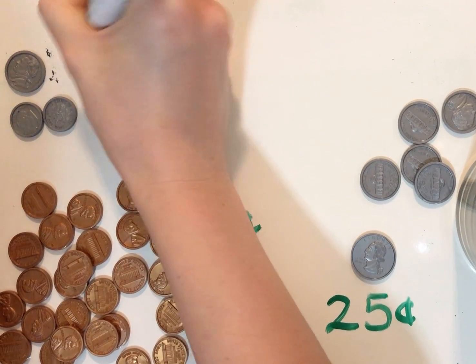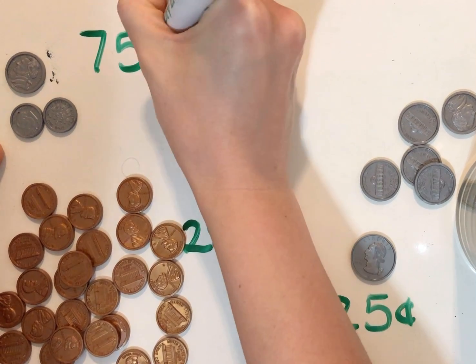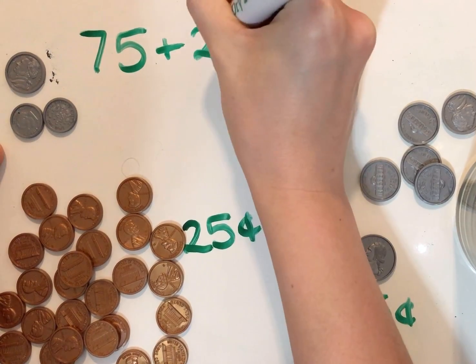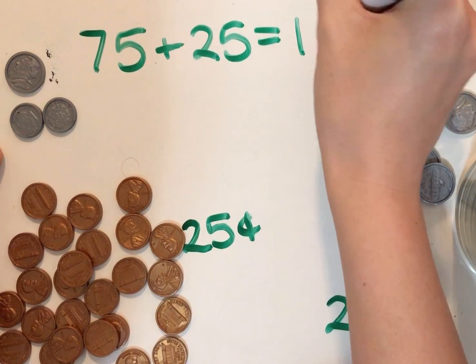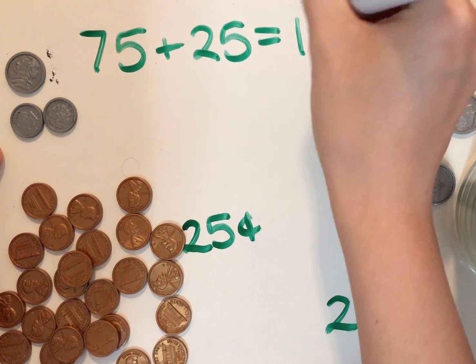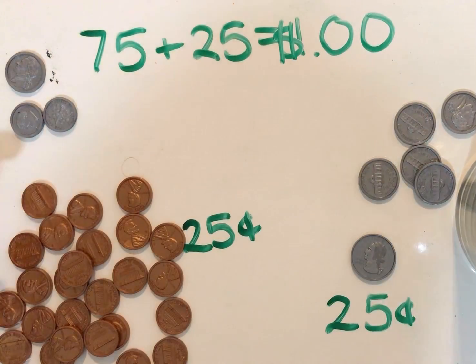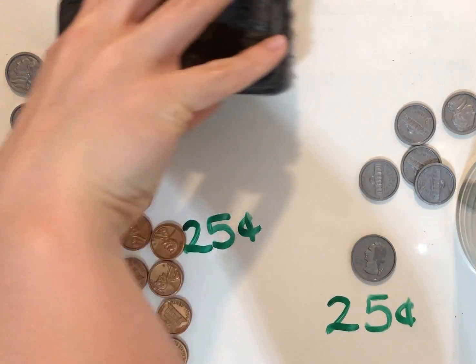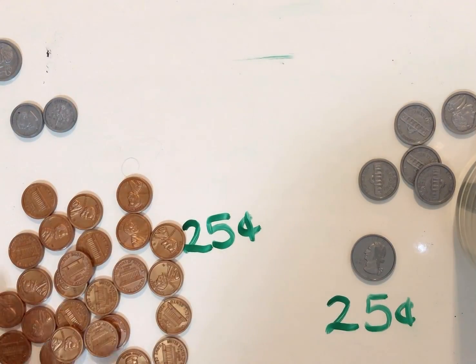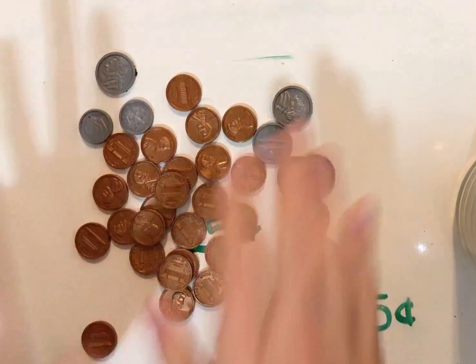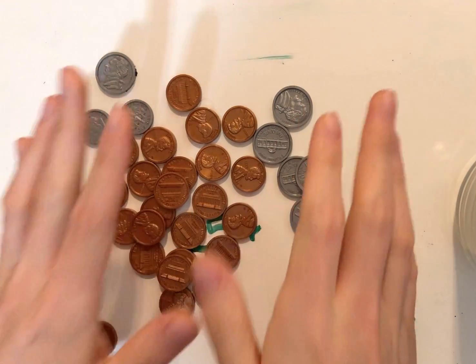So 75 plus 25 would once again be 100 cents, or you could say $1. So all of these coins together would be 100 cents or $1.